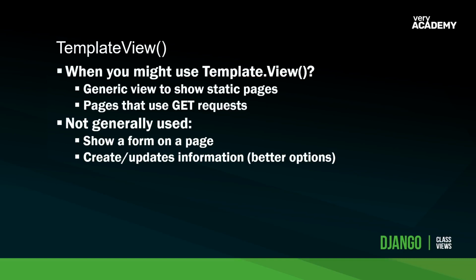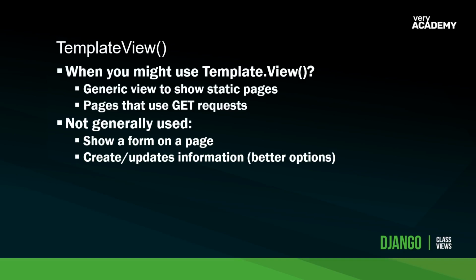I'm going to give you an example of using the TemplateView in a minute, but let's just start by saying, when might you use the TemplateView? This is a generic view and generally used to show static pages, or alternatively, pages that use GET requests.